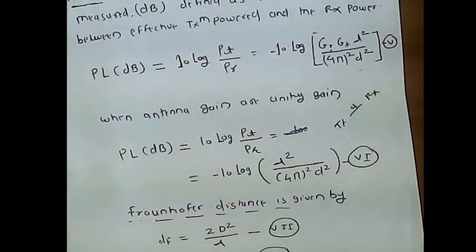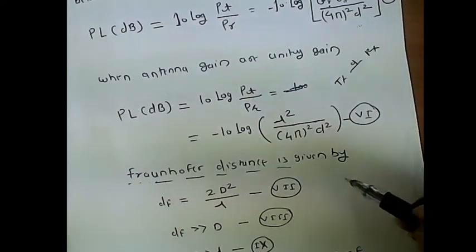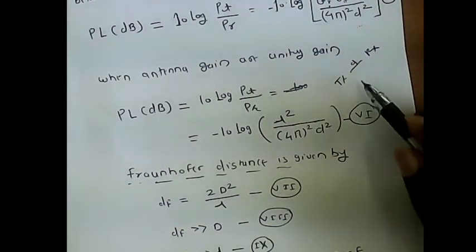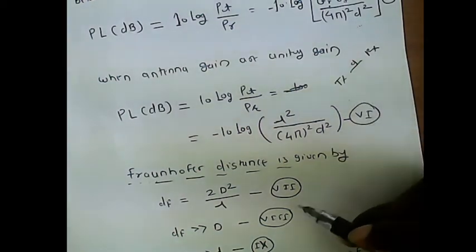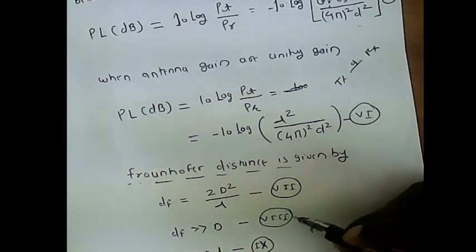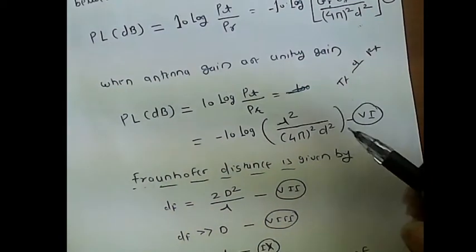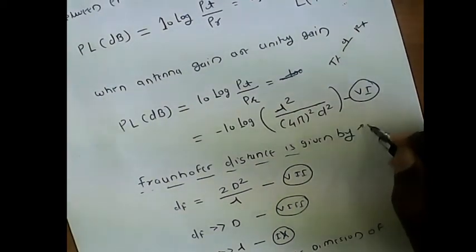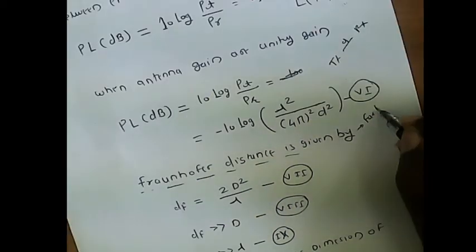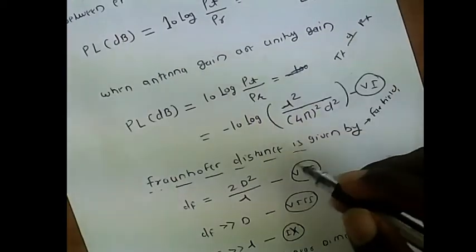In the Fraunhofer region, where the distance between transmitter and receiver is very large, the Fraunhofer distance is given by df. These equations come into play when the distance between transmitter and receiver is in the far field.